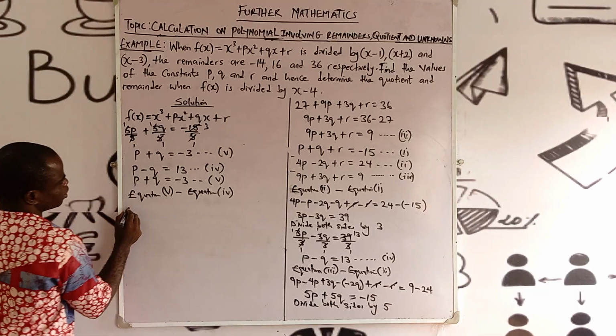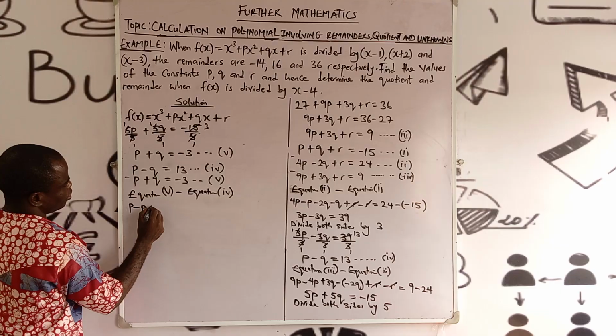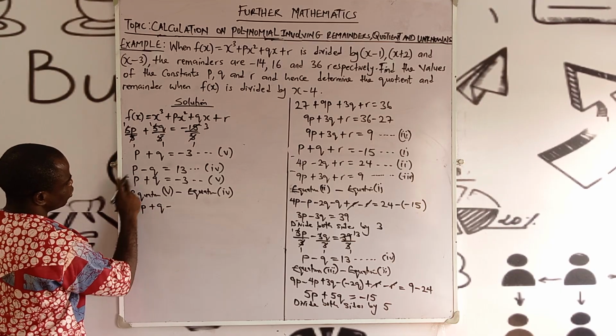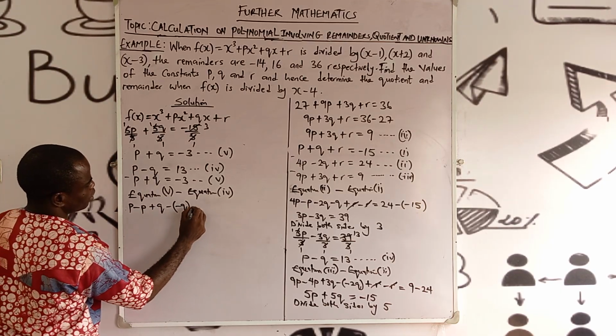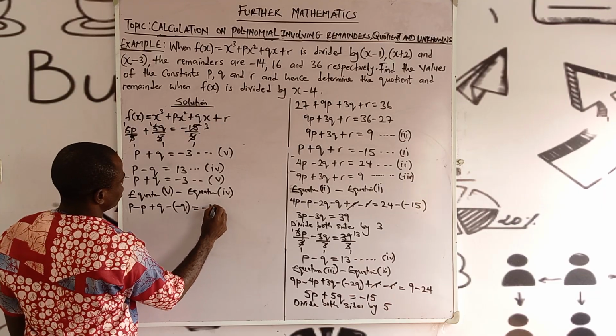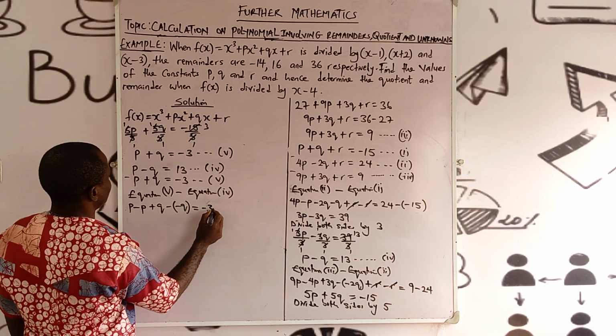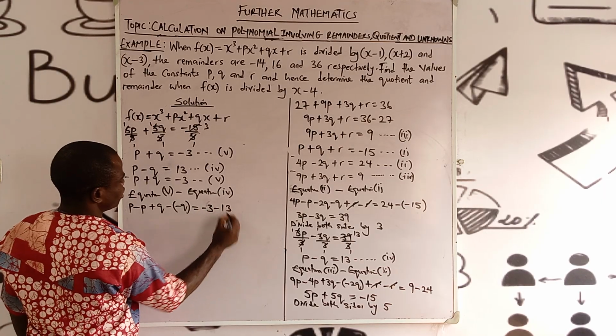When you do that, you have p minus p plus q minus q equals minus 3 minus 13.